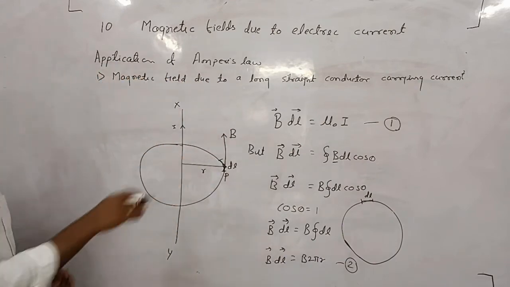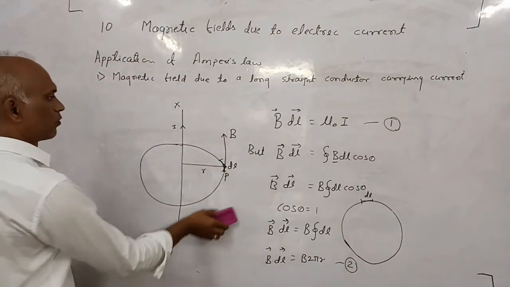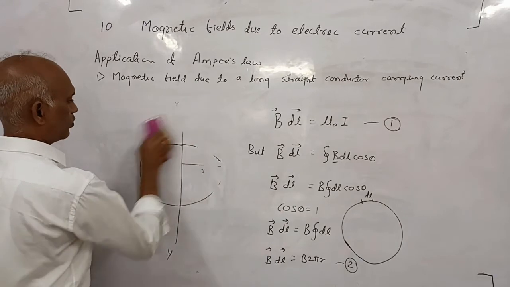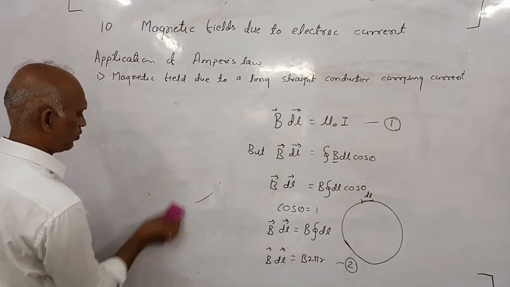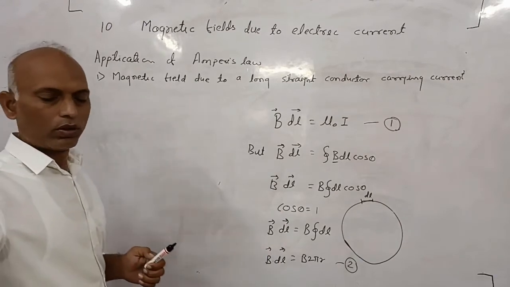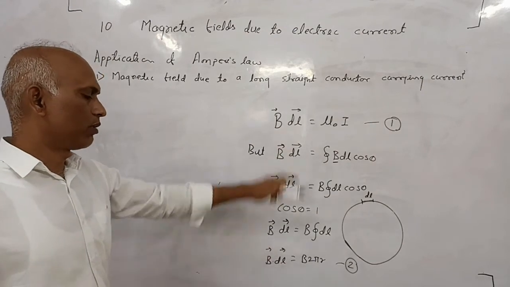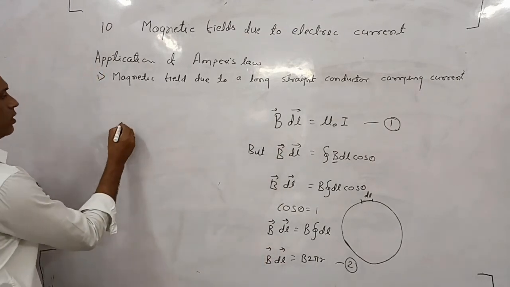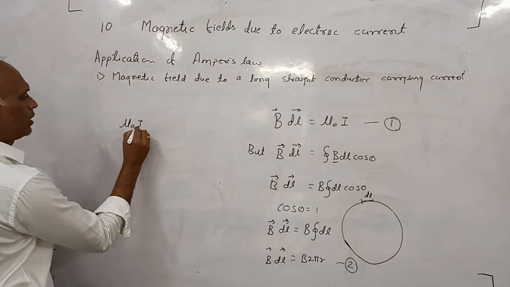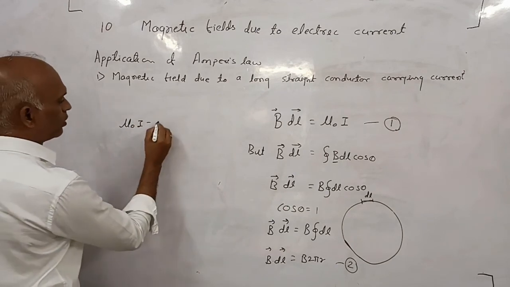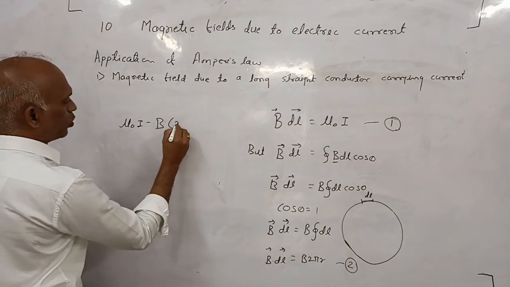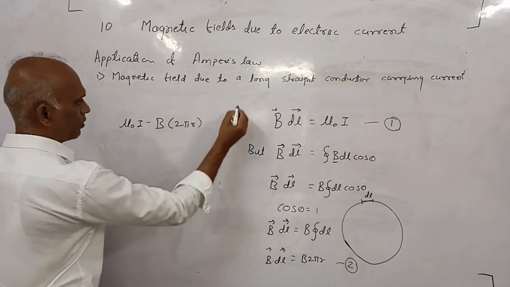So if we compare equations 1 and 2, we can write mu 0 I is equal to B 2 pi R.